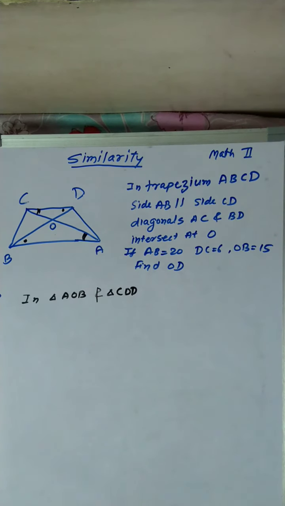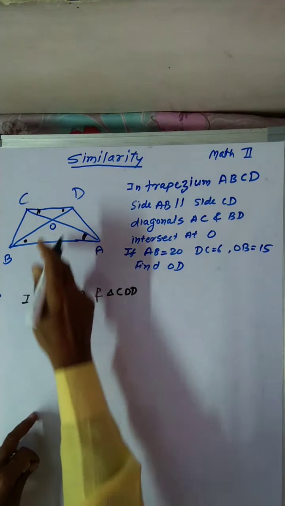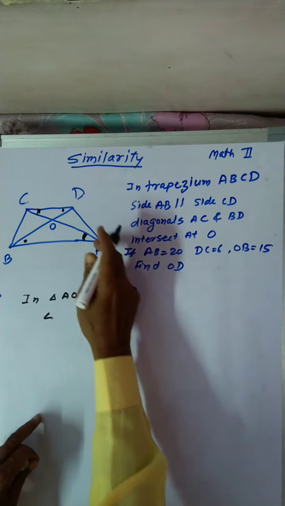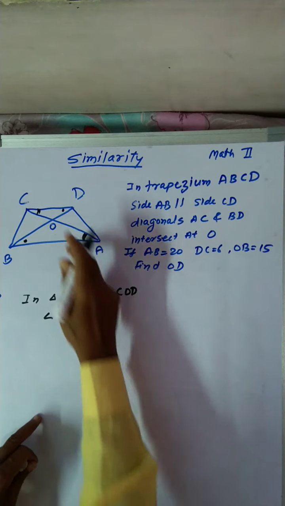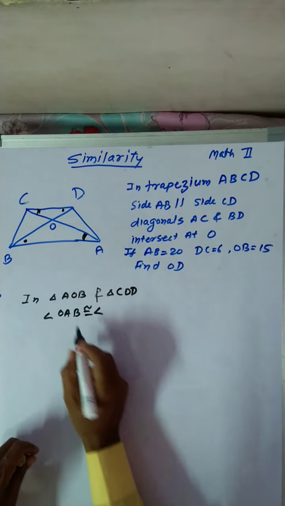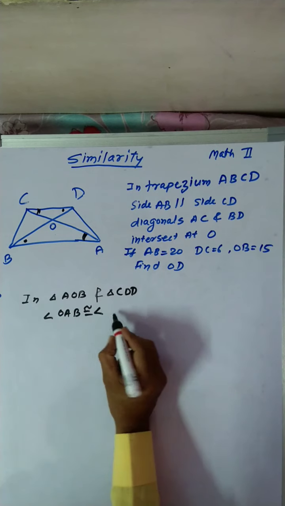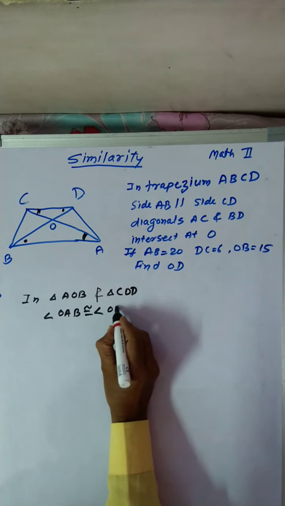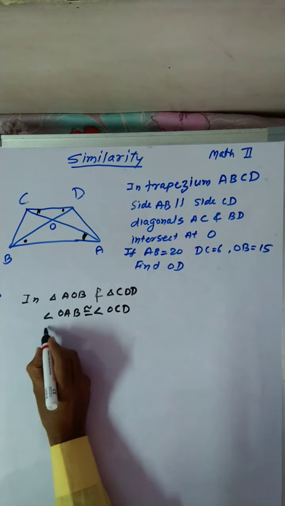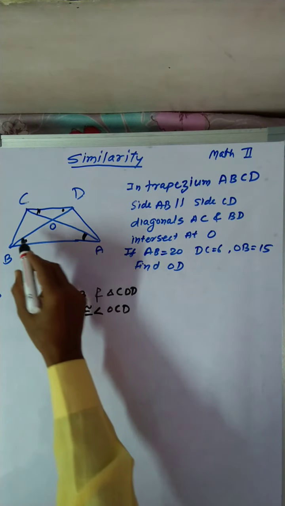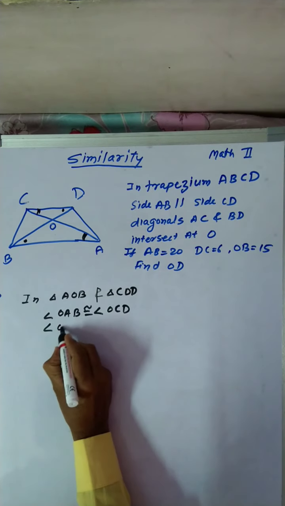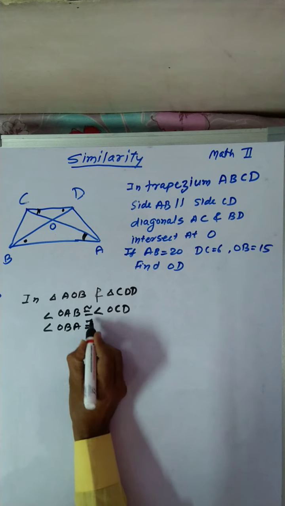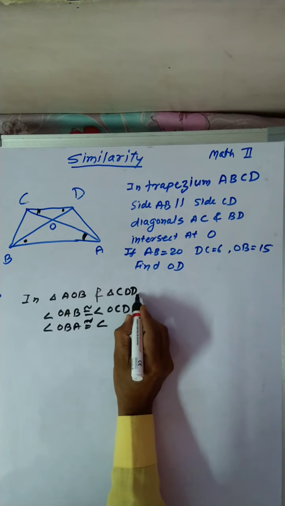In these two triangles AOB and COD, angle OAB is congruent to angle OCD. Same as this, angle ABO or OBA is congruent to angle ODC.